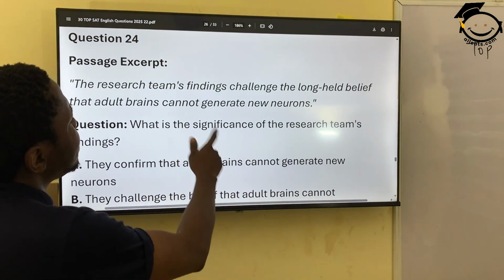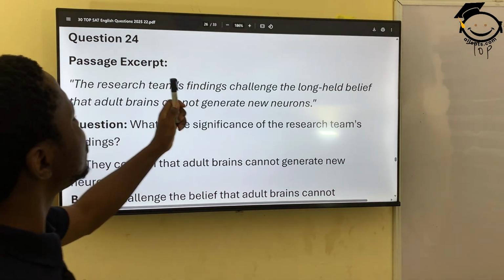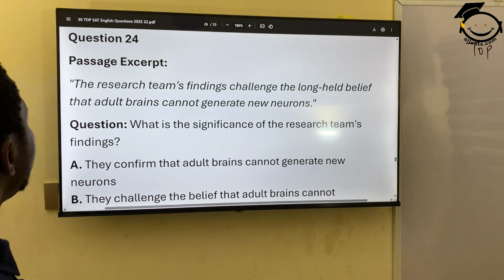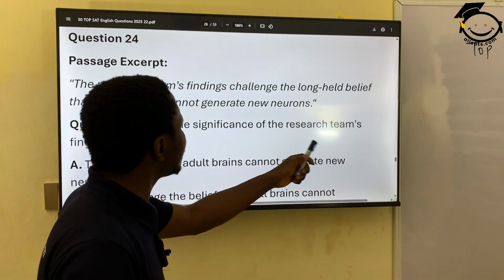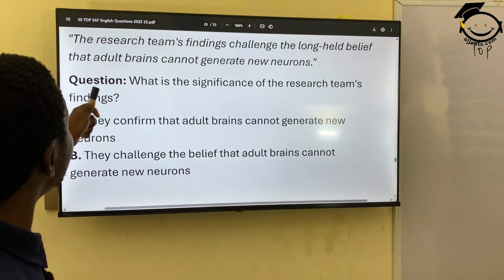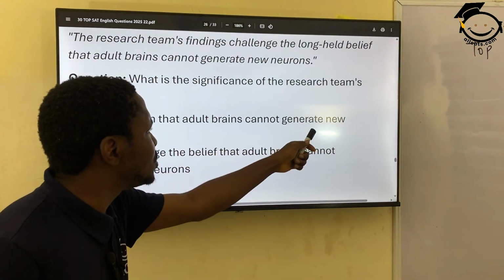The research team's findings challenge the long-held belief that adult brains cannot generate new neurons. Okay, what is the significance of the research team's findings? They challenge the fact that adult brains cannot generate new neurons. So they confirm that adult brains cannot generate new neurons?